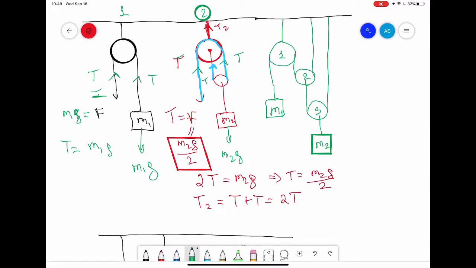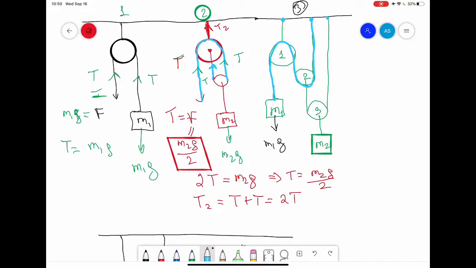Now let's look at the third case. What do we have in the third case? We have the weight of the mass 1, which is M1G. Then the M1 box is connected to the rope, right? So we can see that this rope goes like that and comes here. Here is fixed, okay?